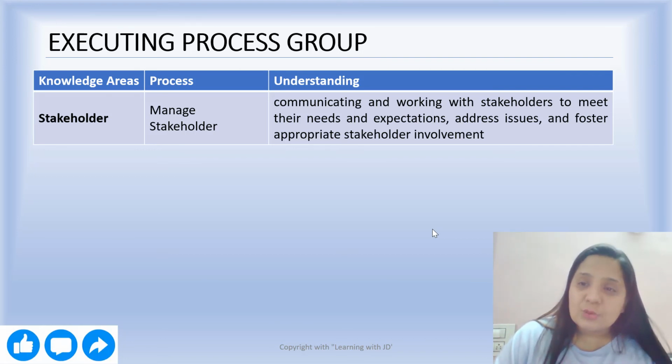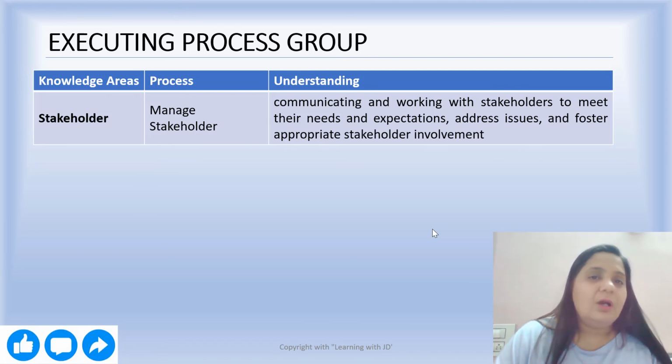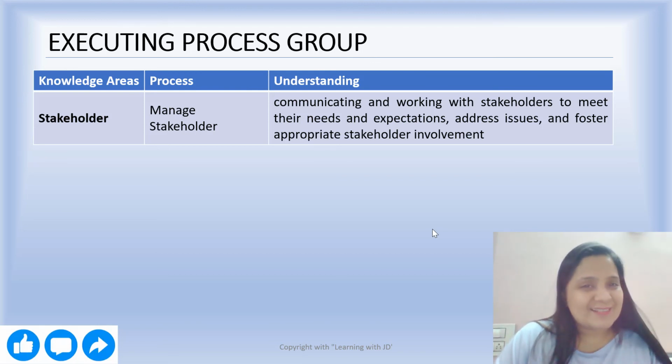So address issues and foster appropriate stakeholder involvement. All these are a part of your manage stakeholder engagement process, and that comes under the executing process group. It does not happen after the project is over. It happens at the time when the project is running.